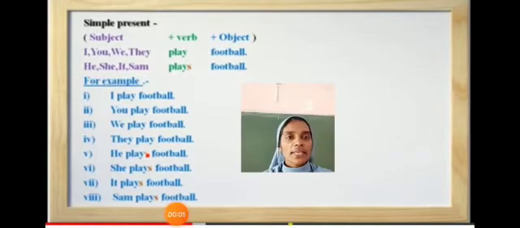In affirmative sentence, there should be subject, first form of the verb and object. So you have to remember one thing: if the subject is the third person singular, the verb takes the S form of the verb. That means he plays, she plays, it plays, Sham plays.